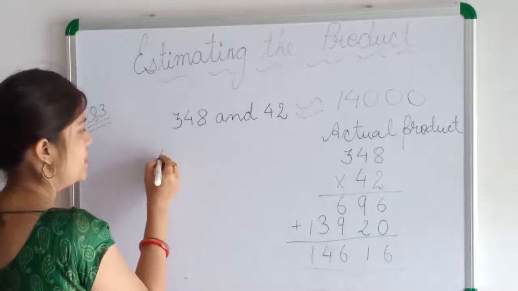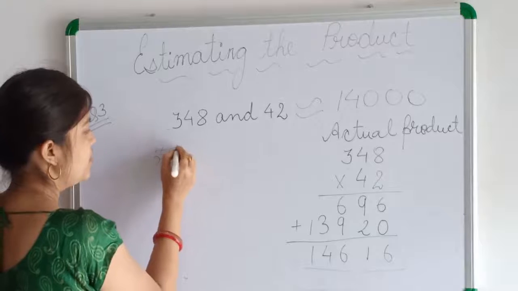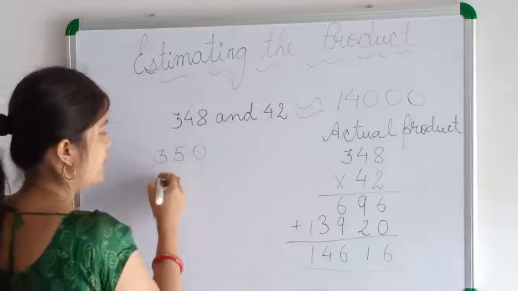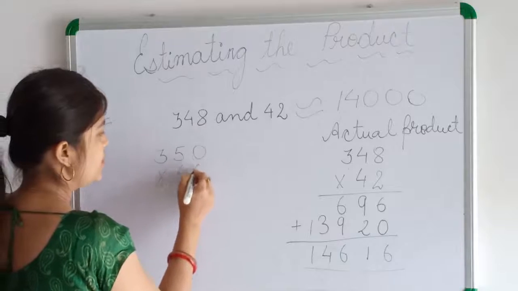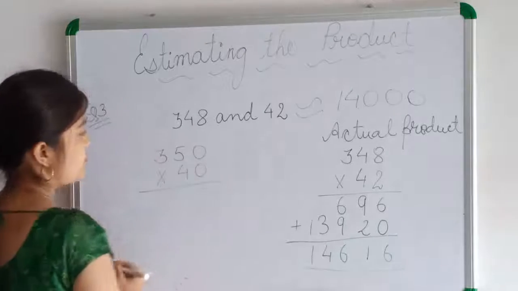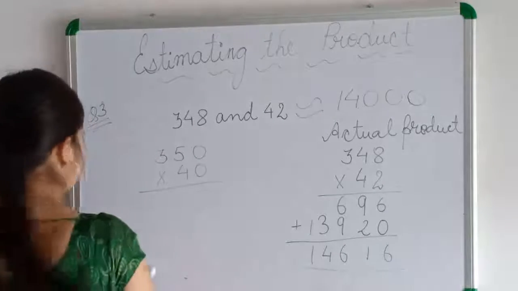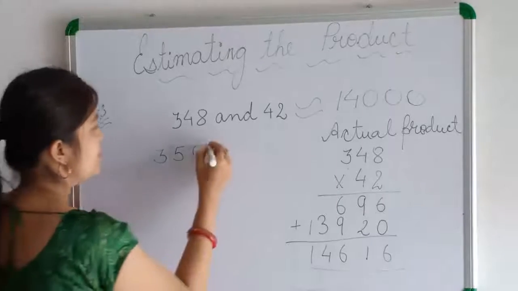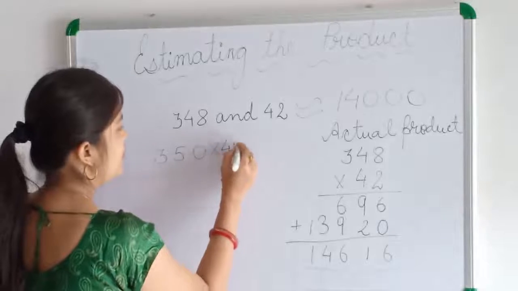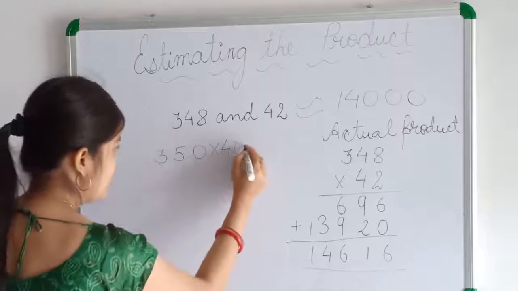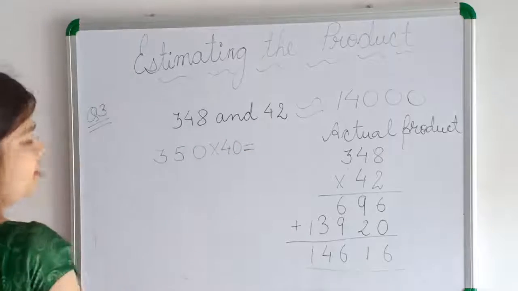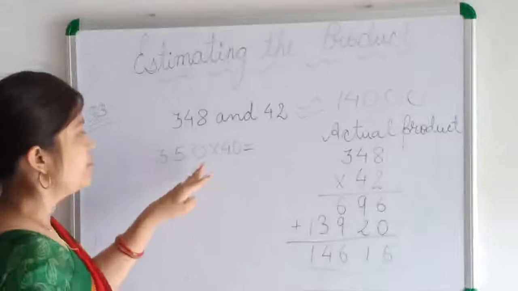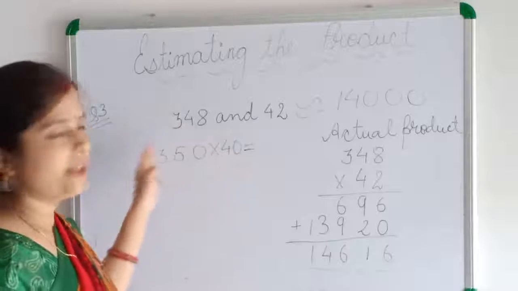So it will be 350, and then here it is 40. So the answer we can do in a fingertip also. That is only the goodness of the estimation. We can calculate in our fingers only. So we will leave the 0 and only we will multiply the digits.